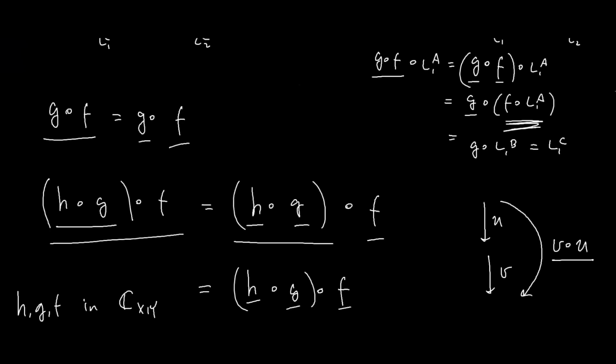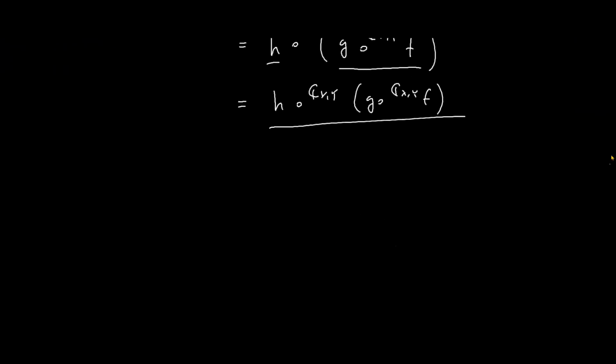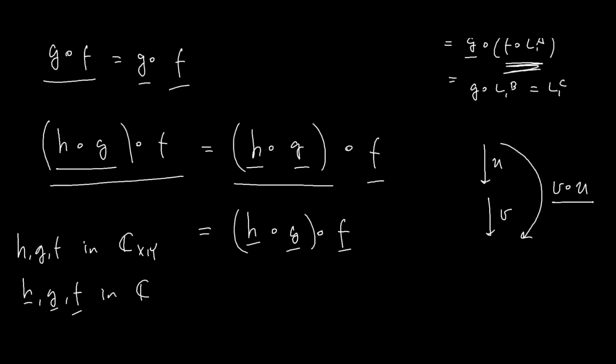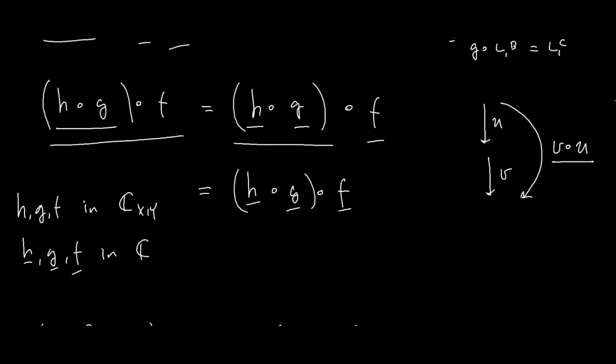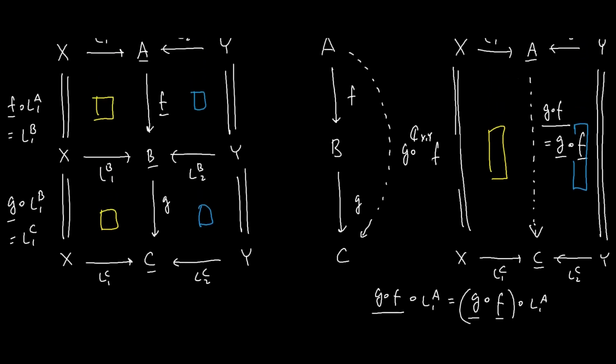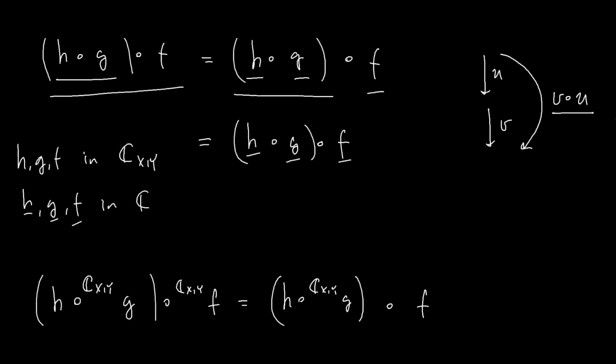So coming back here, let me redraw the diagram. We've got a situation where these morphisms are from A to C, right? Not from A to C, sorry. The F, G, and H, there were three of them. So we added a third one here. Let's say H is from C to D. So they're morphisms from A to D. From A to D, I have two morphisms.